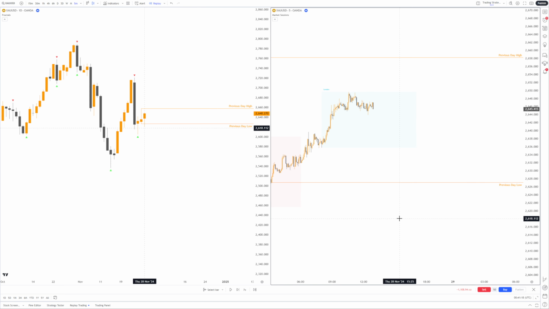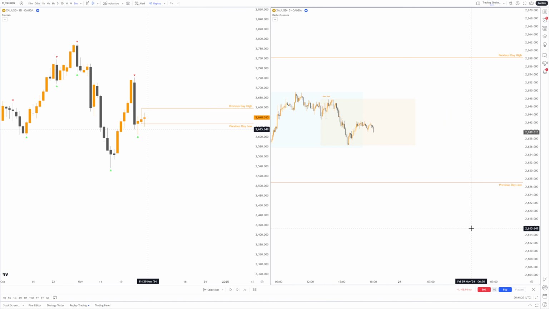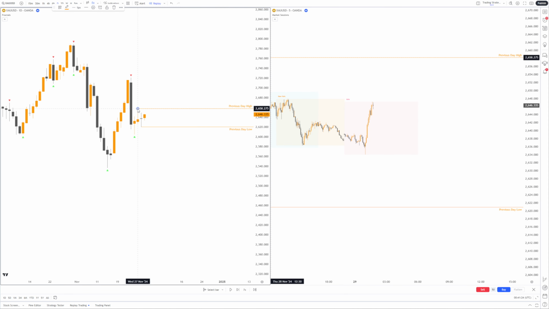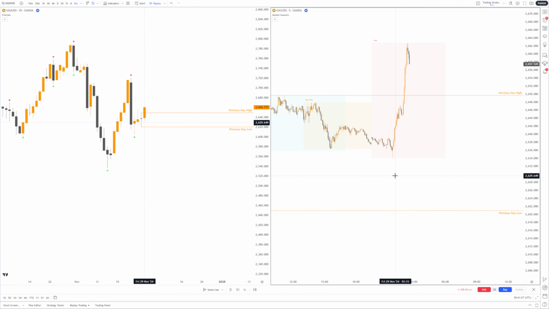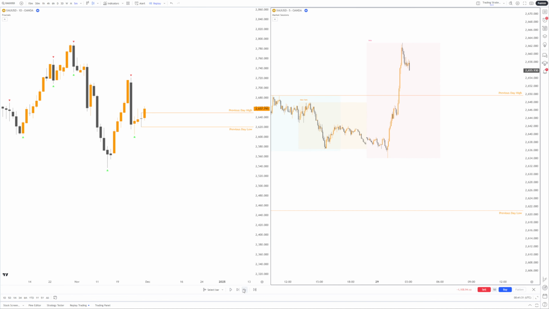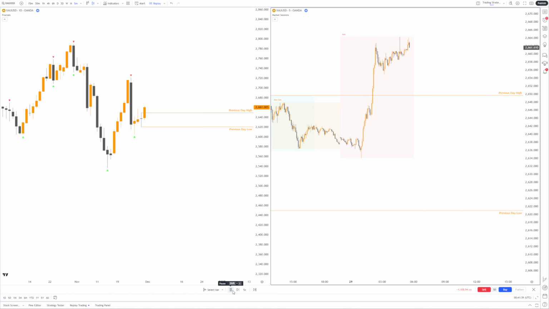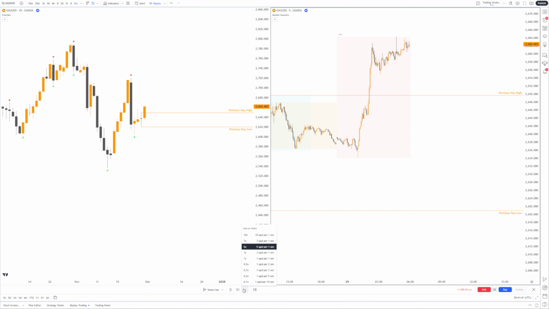Let's now move on to the next trade. Previous day low, previous day high. Price broke completely above, hasn't come back in. So let's play this and see what happens. Still nothing.